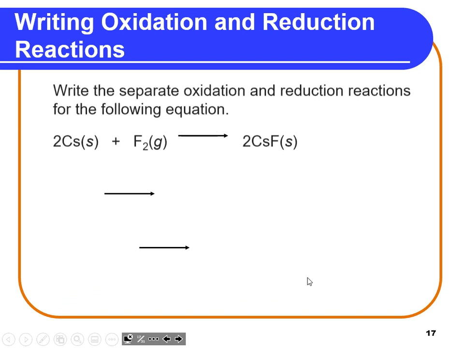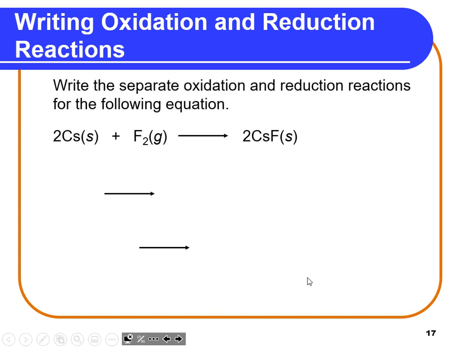As I look at this equation, it says write the separate oxidation and reduction reactions for the following equation. Well, how am I going to do that? Well, if I look here and I look at the oxidation numbers and assign those, I have a 0 here, I have a 0 there because they're by themselves.